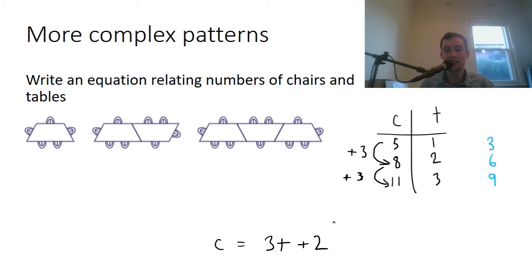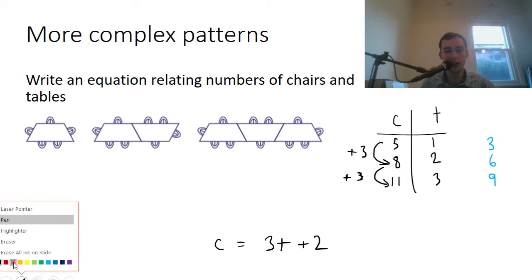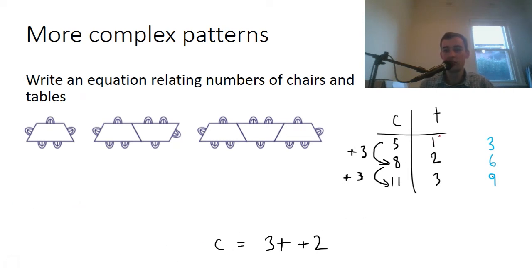Let's test that. If t is 1, then the number of chairs is 3 times 1 plus 2. So if T equals 1, C equals 3 times 1 plus 2, which is 5. So that works.